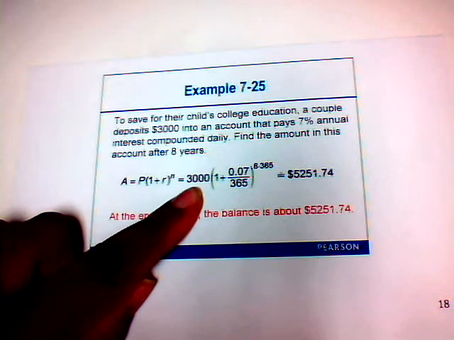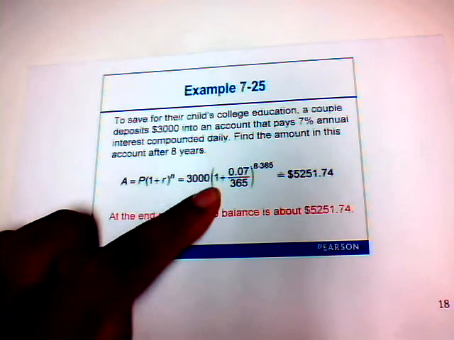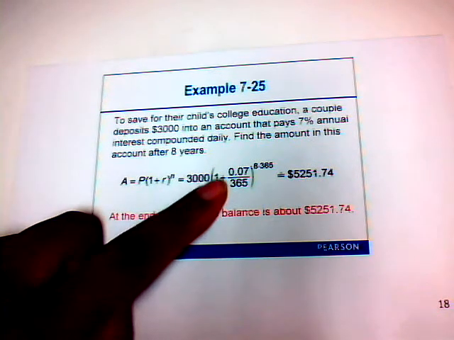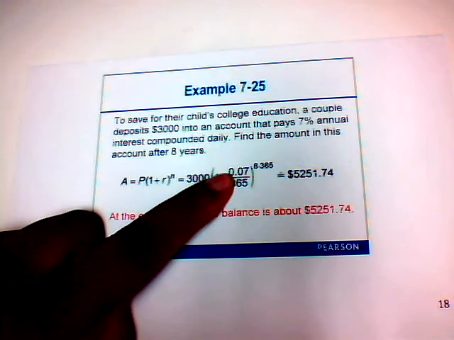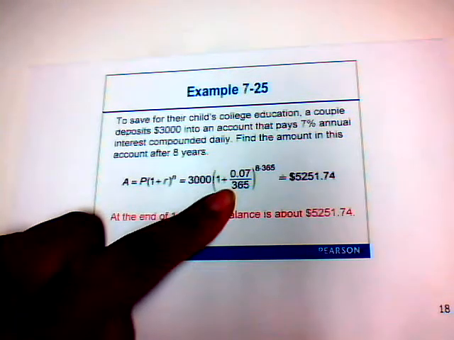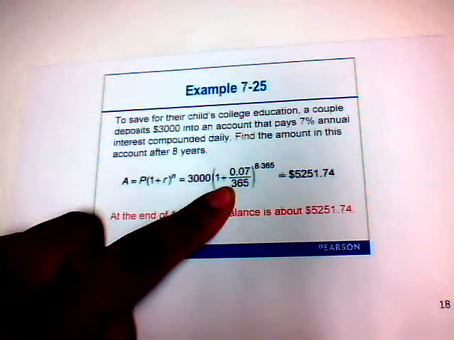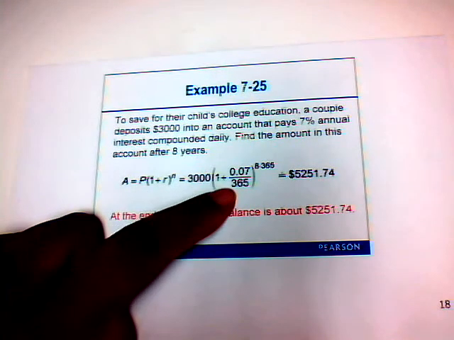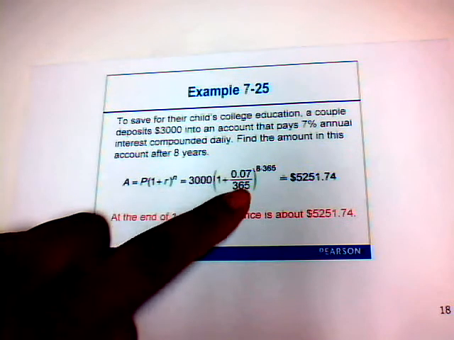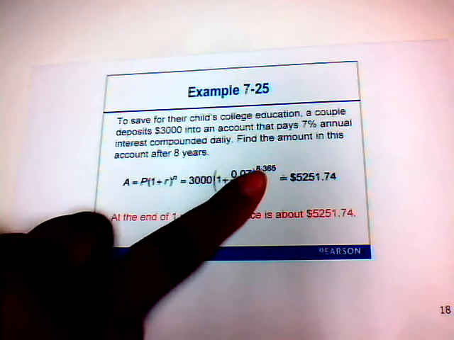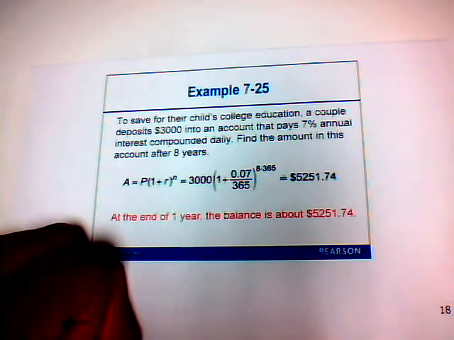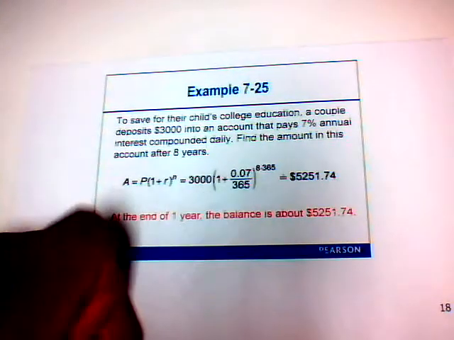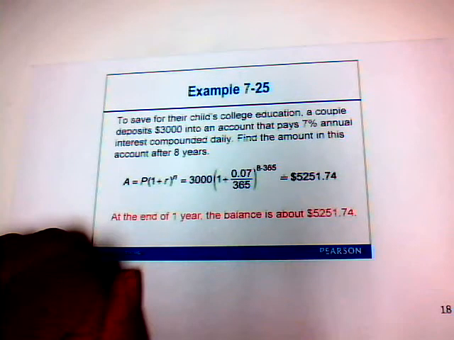P is going to be $3,000 times the quantity 1 plus the R will be the annual interest rate divided by the number of compoundings. It's compounded daily, so it'll be 0.07 divided by 365. And that quantity is going to be raised to the 8 times 365. 8 years times 365 compoundings in a year.